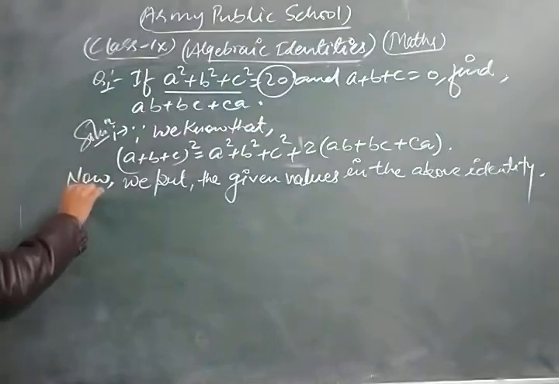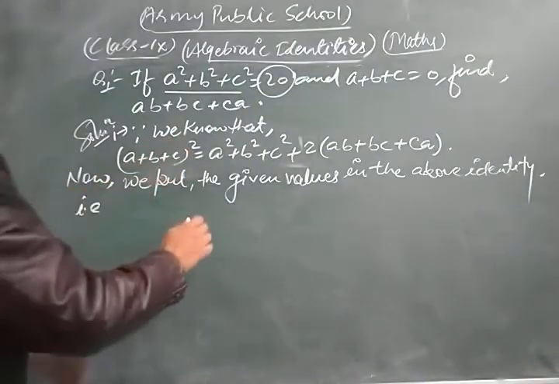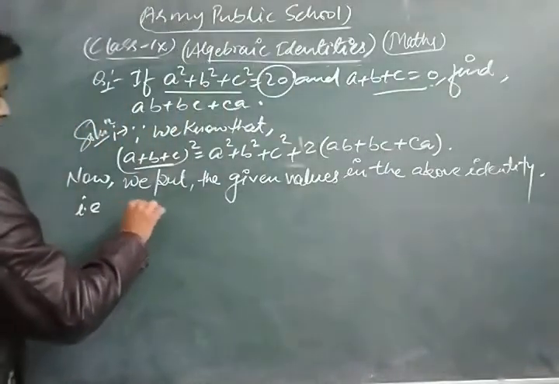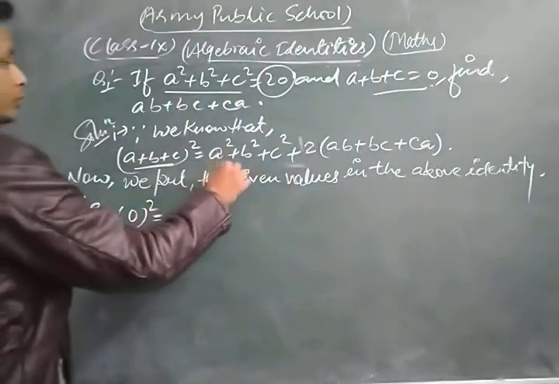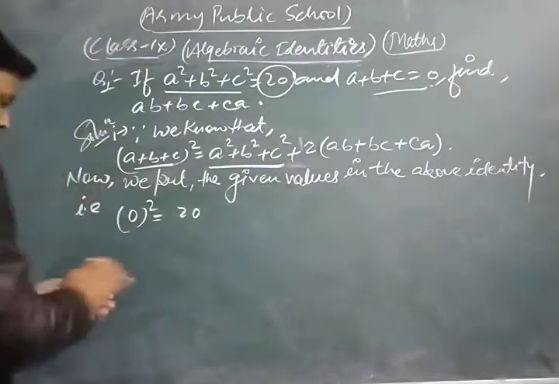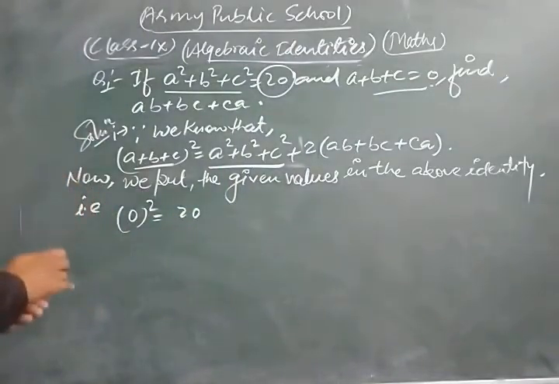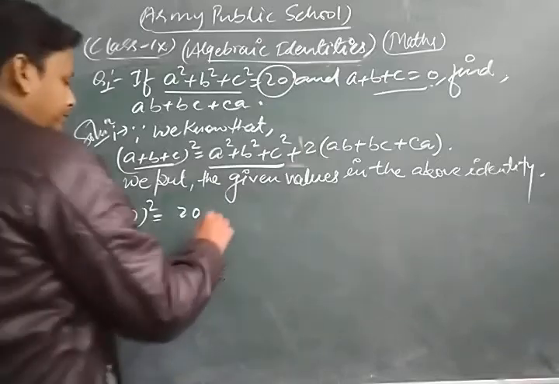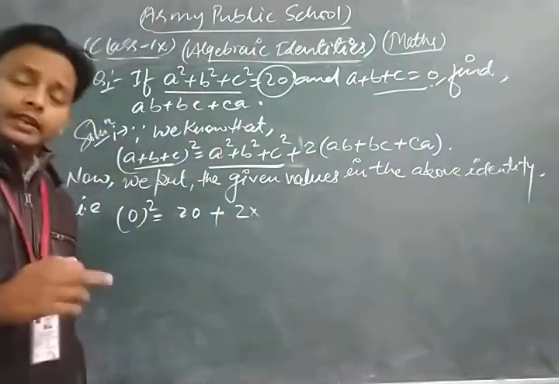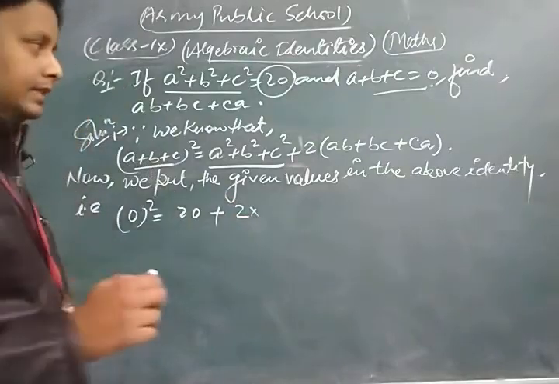That is, the value of a plus b plus c is 0, so 0 square is equal to the value of a square plus b square plus c square, that is 20, plus 2 times ab plus bc plus ca, write it as it is.